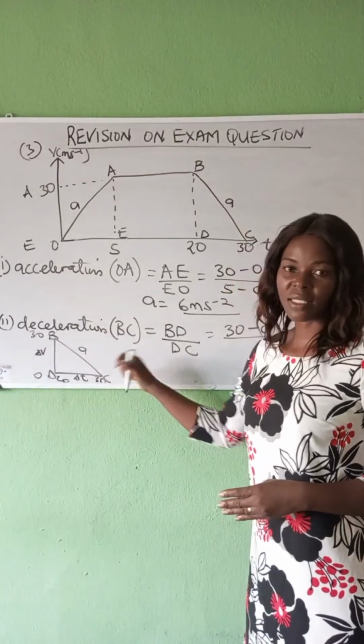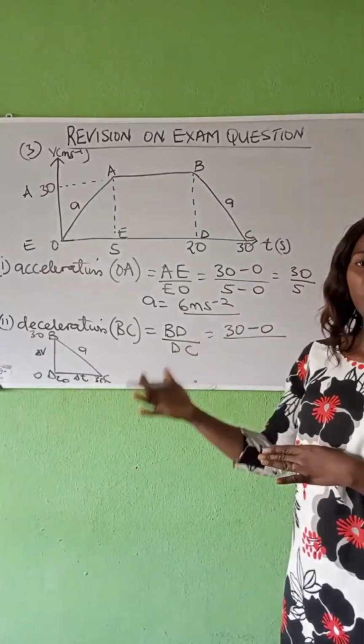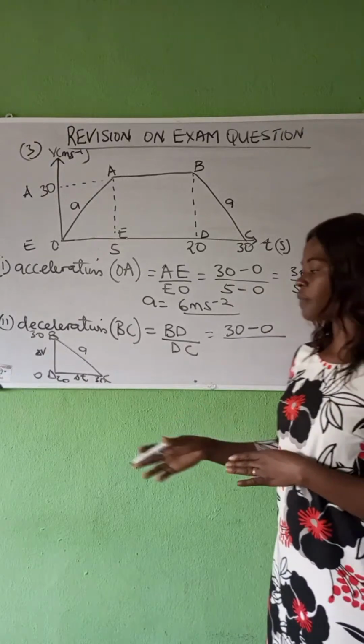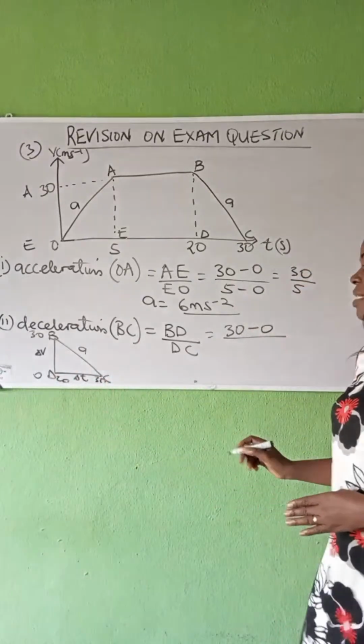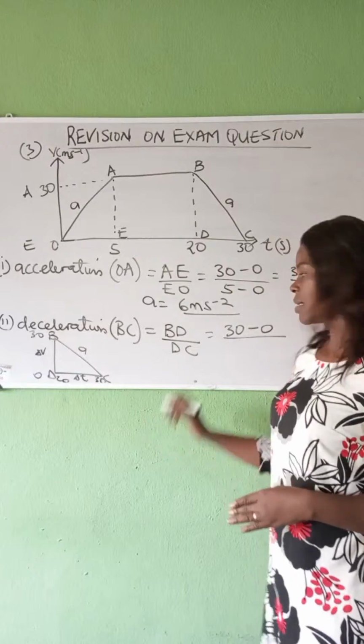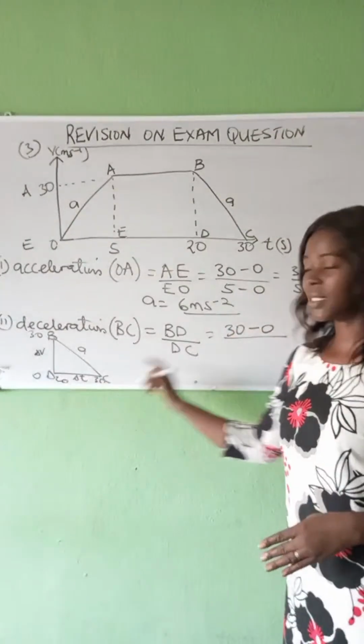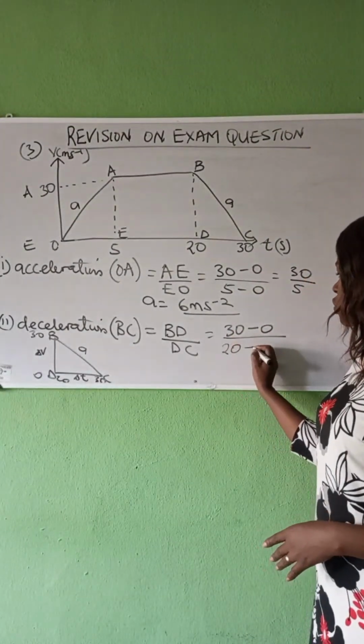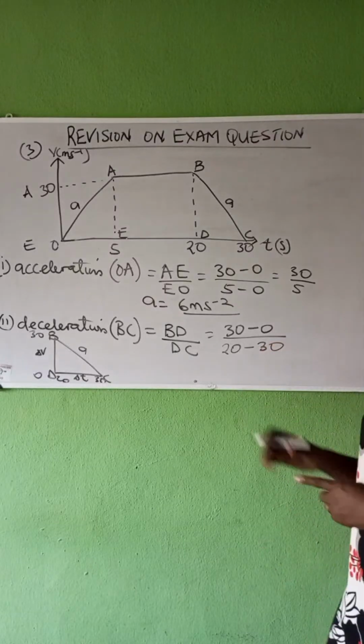I'm supposed to say CD, but because I'm going opposite of acceleration, it becomes DC. So my DC becomes 20 minus 30.